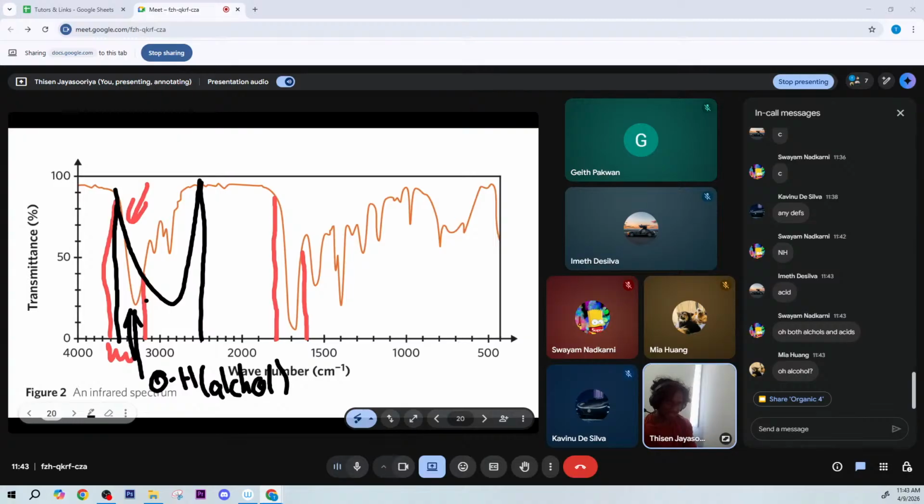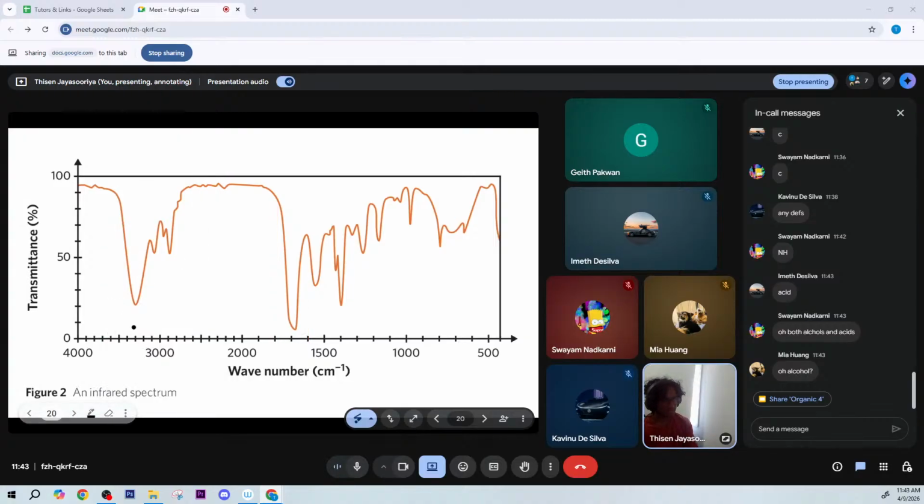So it's OH alcohol here. It's not an NH, as Swayham put, because this is what the NH is, and that's way too small for what we want. That goes to the peak. Whereas this one, the OH, goes from here to here. I'm not giving you any shade, I swear. I just wanted to point out why it's not an NH and why it's an OH.